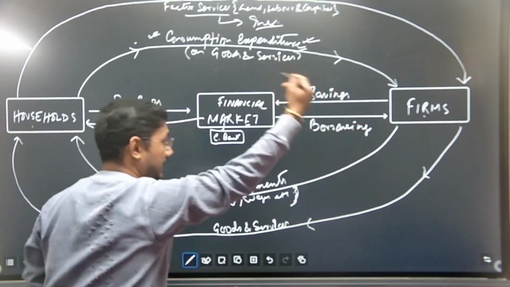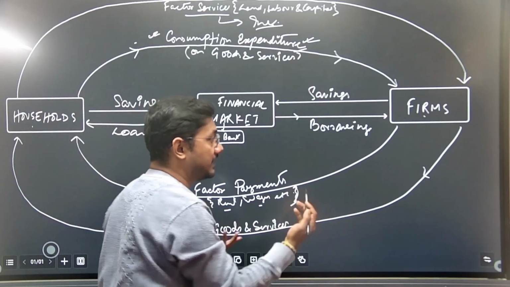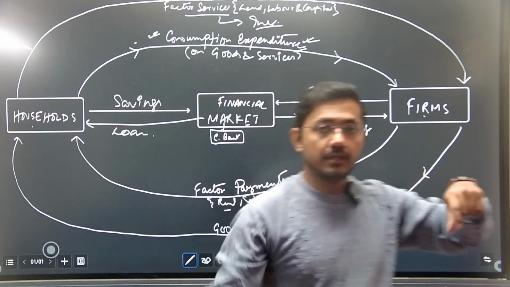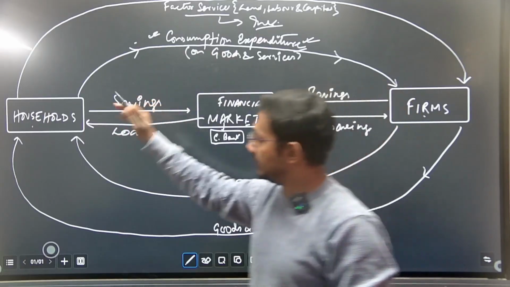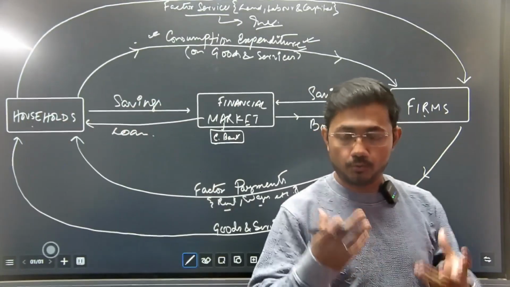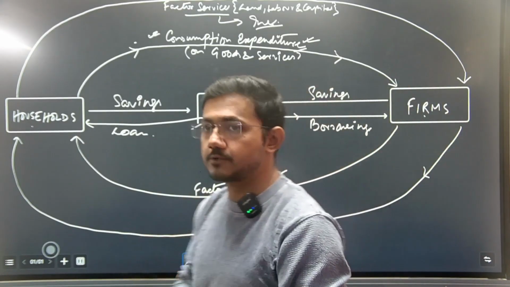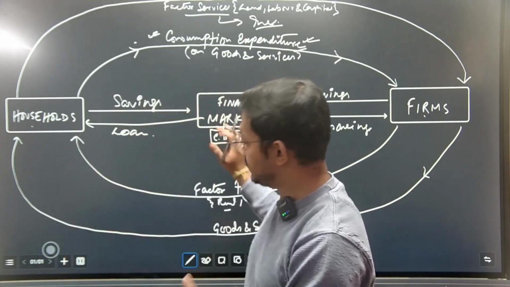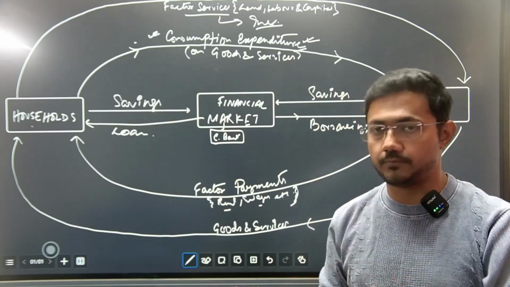And in return, again the firms are giving them factor payments in the name of rent, wage, salary, etc. So ultimately, from the point where the money starts flowing, the money again gets absorbed, whether you take this point or you take this point. So this money is moving in a circle. Hence this concept is known as circular flow of money or circular flow of income.